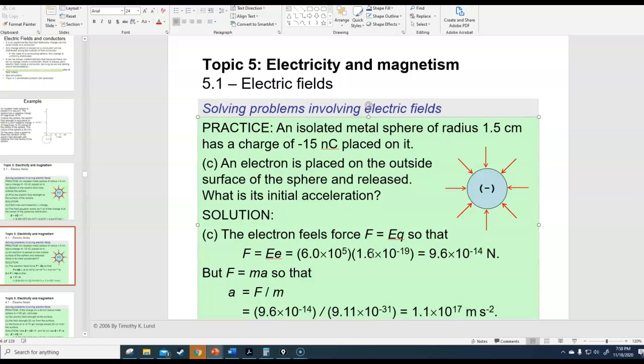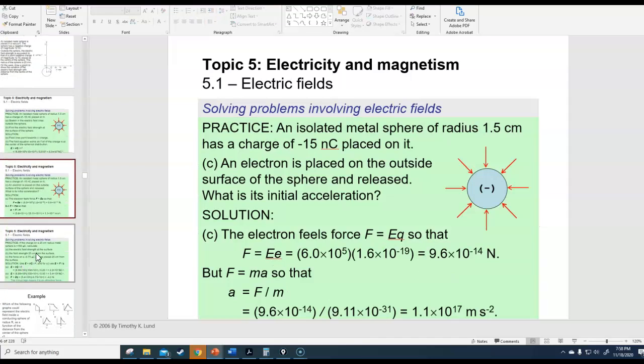Okay, so they don't bother putting the negative in front of the 1.6 times 10 to the negative 19, even though it is technically a negative charge, because all they're really interested in is the magnitude. Okay, and this number down here, that's the mass of the electron. That would be given to you, of course.